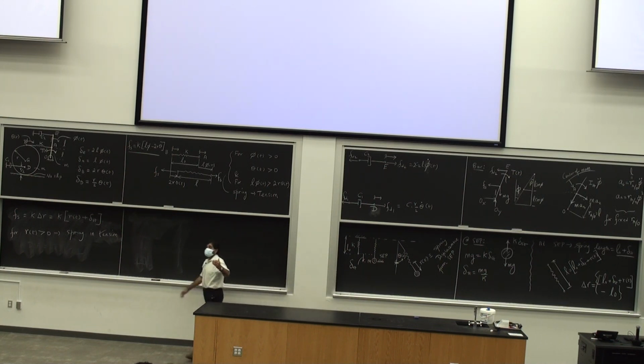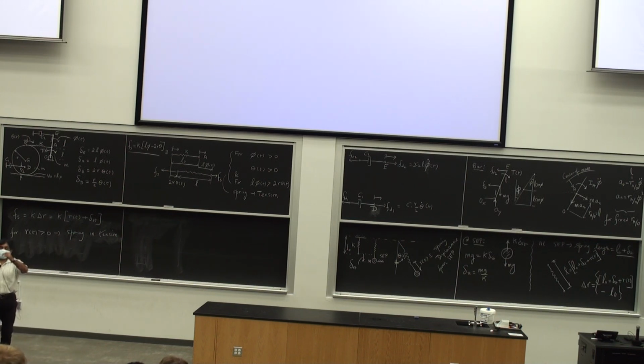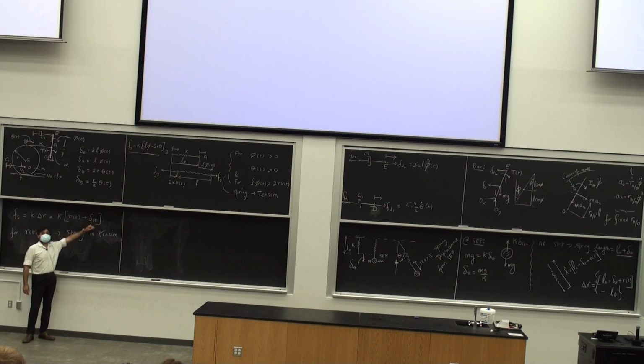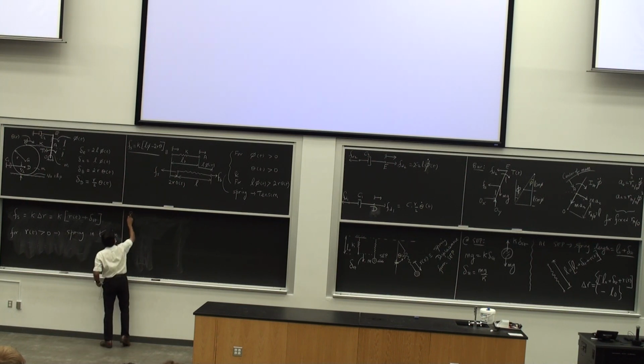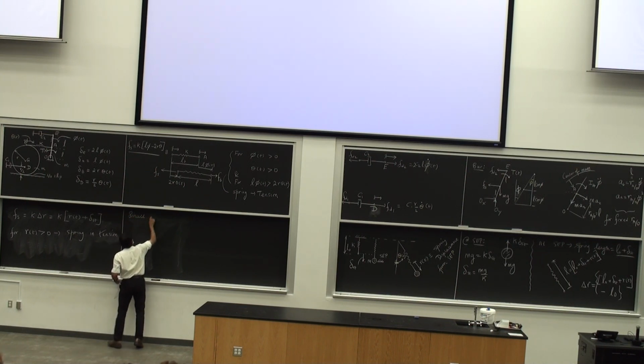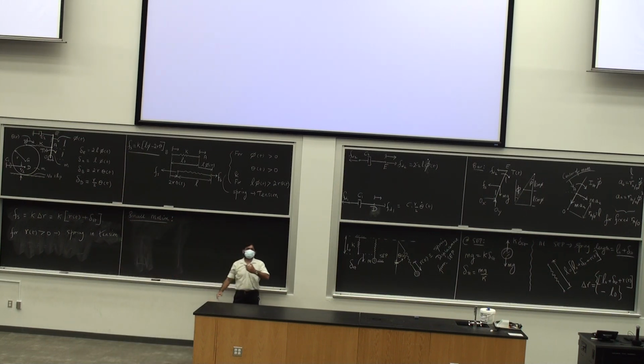I'm going to draw them from the static equilibrium position. Gravity is still a factor in my problem because I'm still including the static stretch of the spring. Okay, we're going to look at small motions. So theta of t is small, r of t is also small.